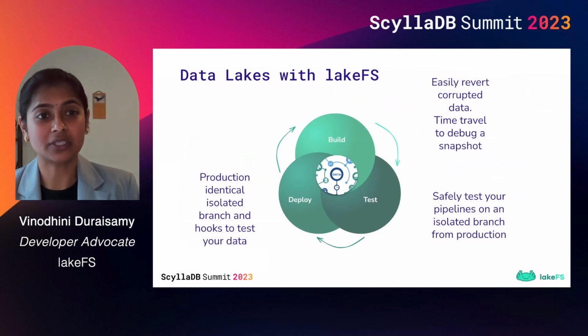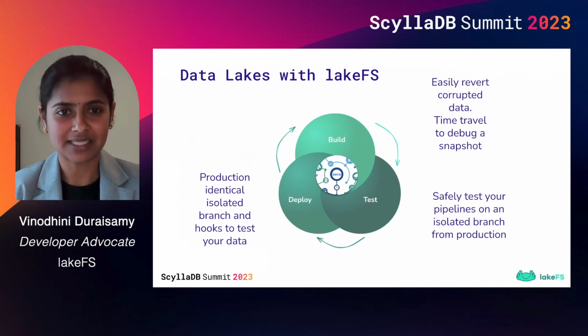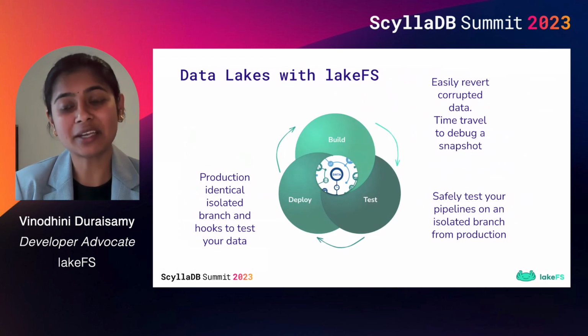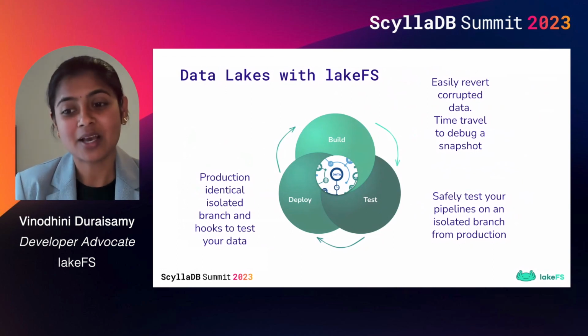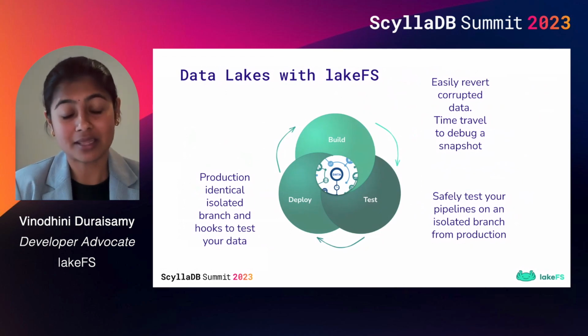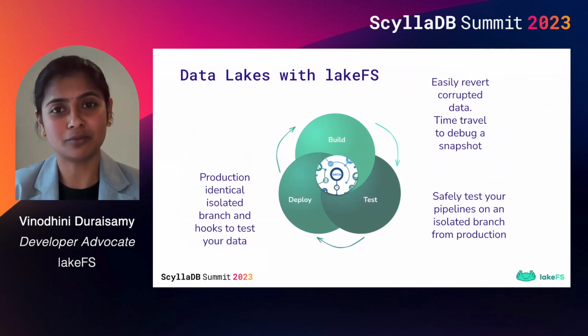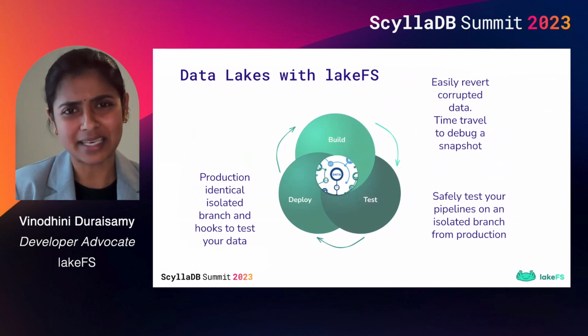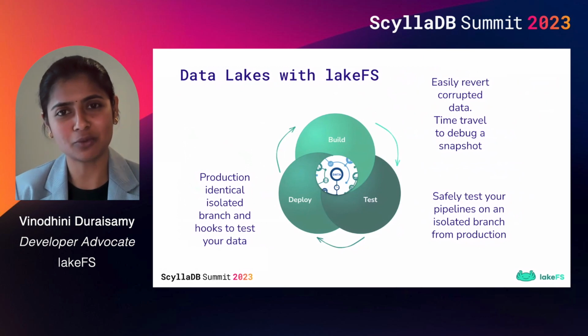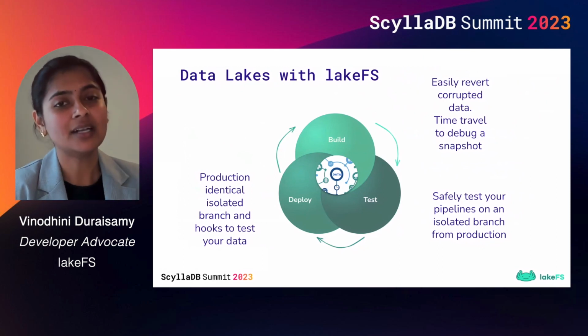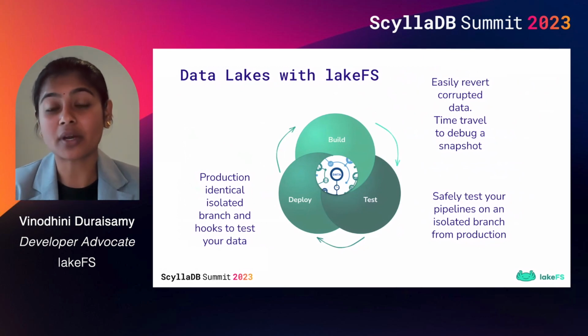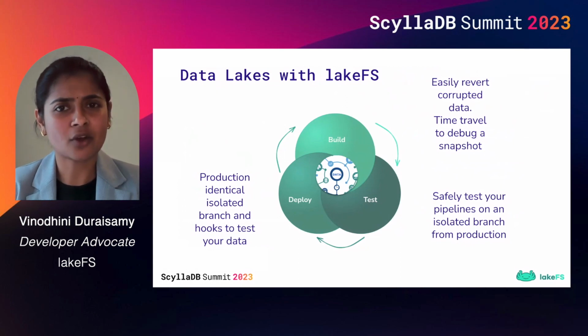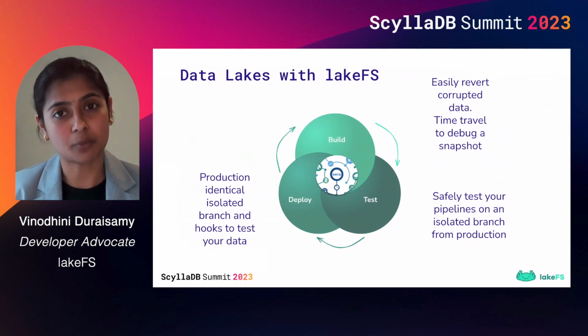And so today, when you have lakeFS in your data lake, what can you do with each of these phases? First, in the build phase, you will be able to build data lakes with different versions enabled, meaning you can time travel between different versions of your entire data lake, not just at the table level, not just at the object level, but at the entire repository level.